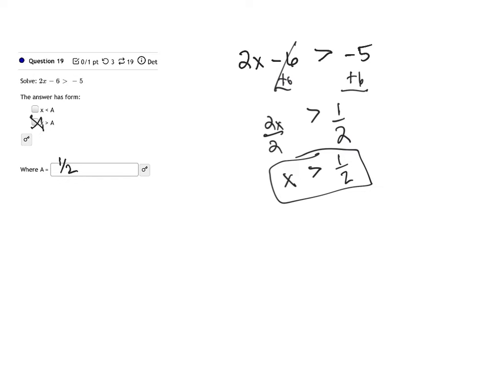Another thing, if it had been, I'm going to go over here. This is another problem. If it had been negative 3x is greater than, say, 12, you would have to divide by a negative number.